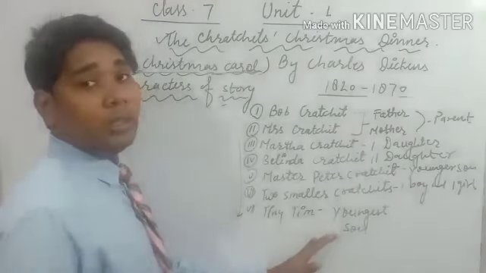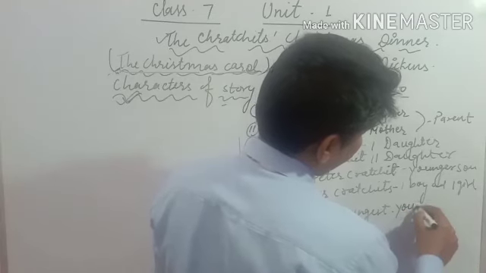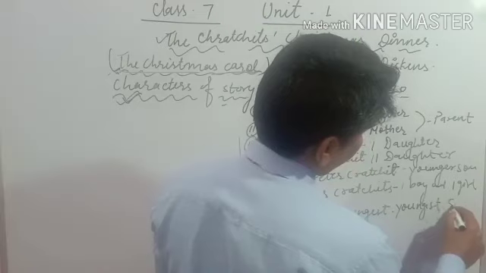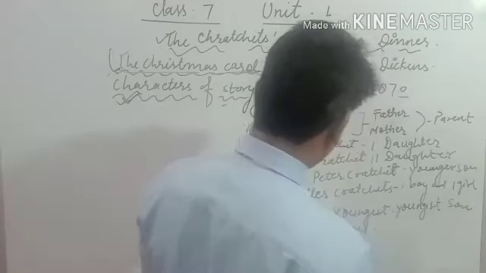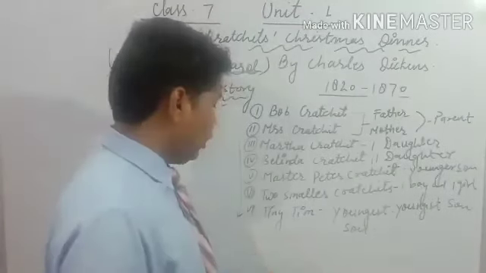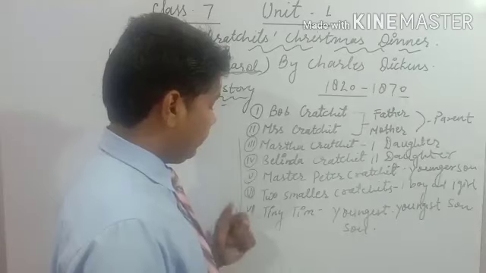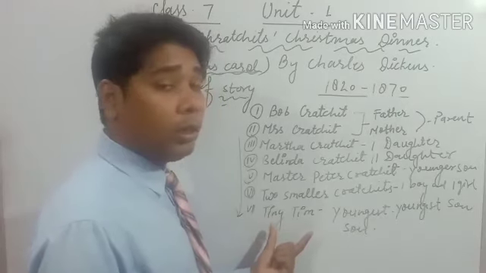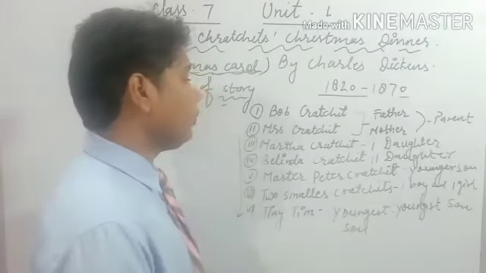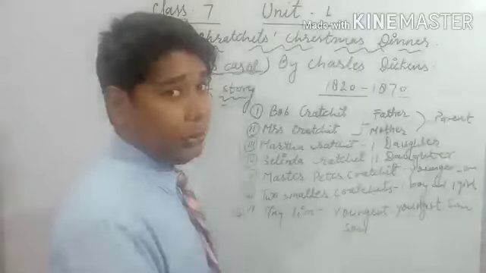Tiny Tim was the youngest son of Bob Cratchit. Tiny Tim was handicapped. He walked with the help of an iron rod, and he was the smallest and youngest son. And these are the characters of the story.